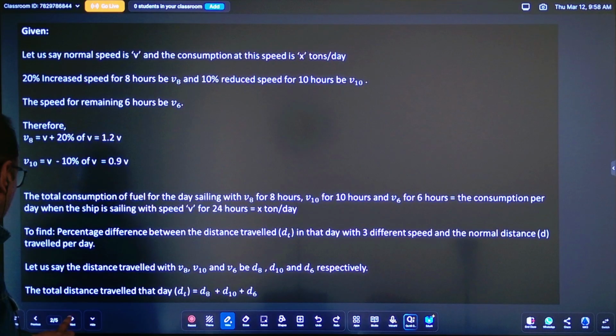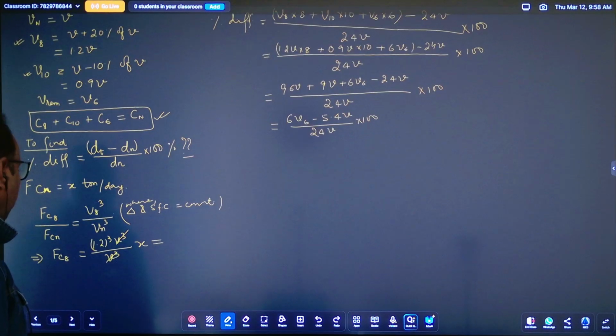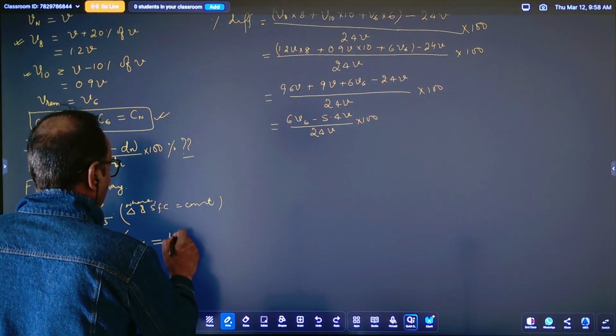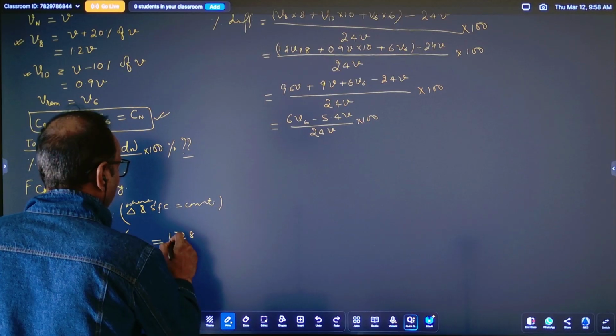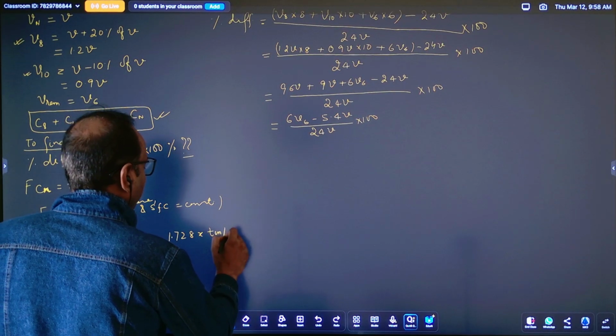You can check here, 1.728x. 1.728x10 per day.